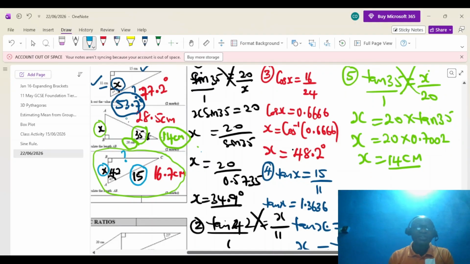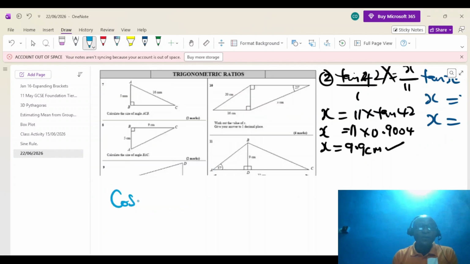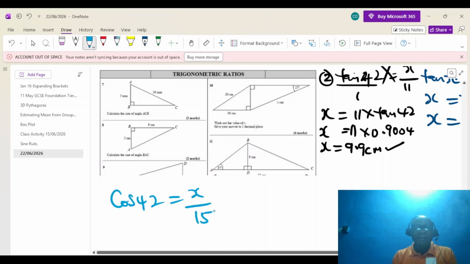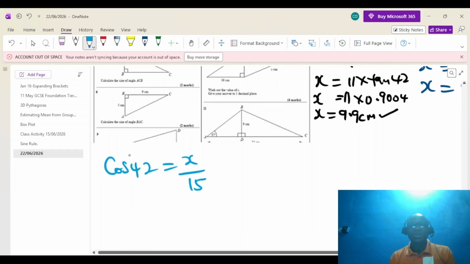And to use that cosine, I will do adjacent over hypotenuse, which is cos 42 will be equal to adjacent over hypotenuse. Are you there? So I write cos 42 is equal to adjacent all over hypotenuse, because the adjacent is x unknown, while the hypotenuse is 15.